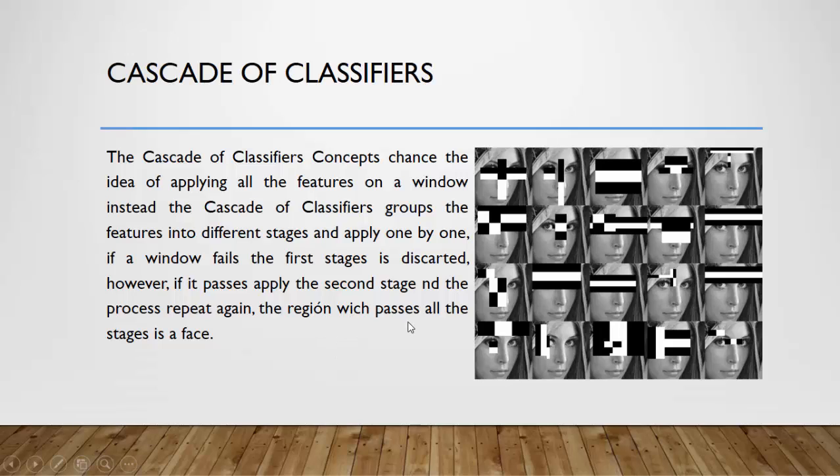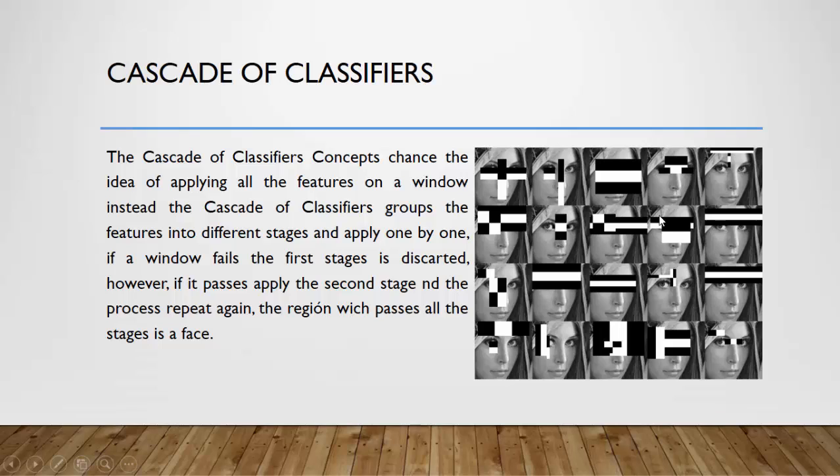The region which passes all the stages is a face. So, for example, if we don't detect a face in the first stage, this region of the image will be discarded. If all the stages pass, it means that we have a face in that region.